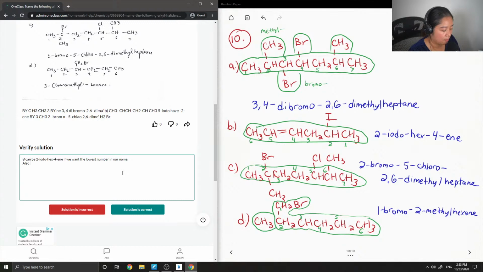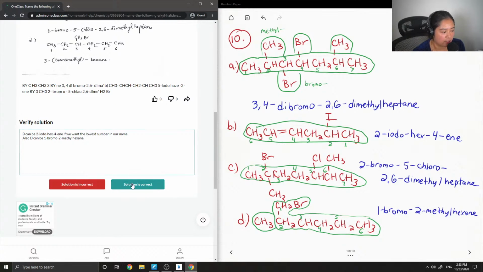Also, D can be 1-bromo-2-methylhexane. So their answer was still correct. Like, it's not wrong. And there are different ways you can name these. So I'm going to say the solution is still correct, but I still added what I would name them.